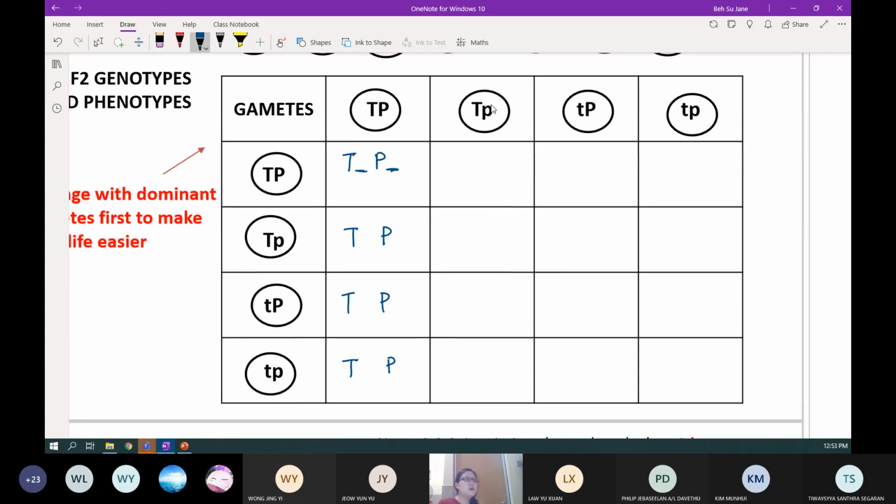Next, big T is always in front because it's dominant, but small p is always behind because it's recessive. So we're going to write big T and then leave 2 spaces, small p. Make sure your small p is distinctly smaller than the big P, if not it will get very confusing.